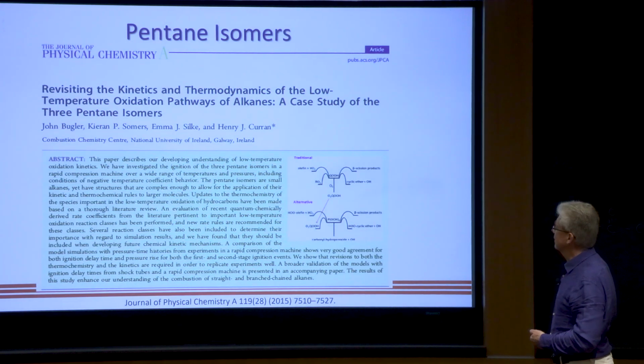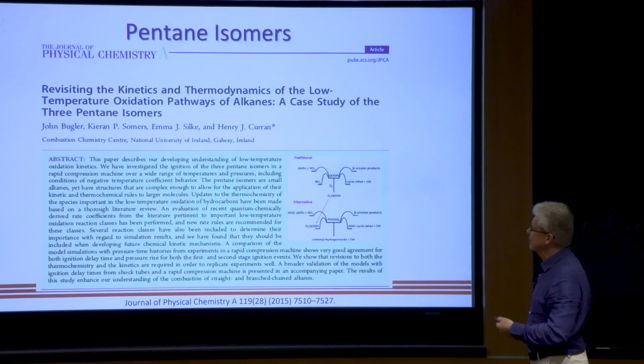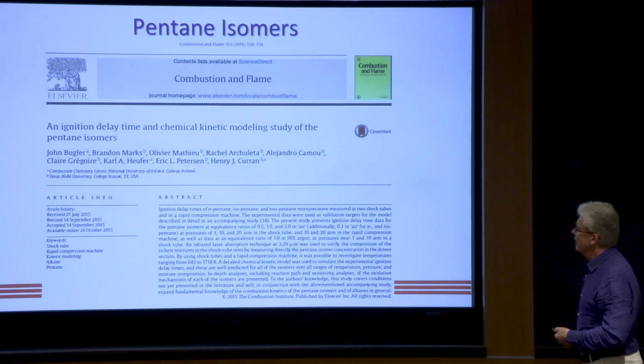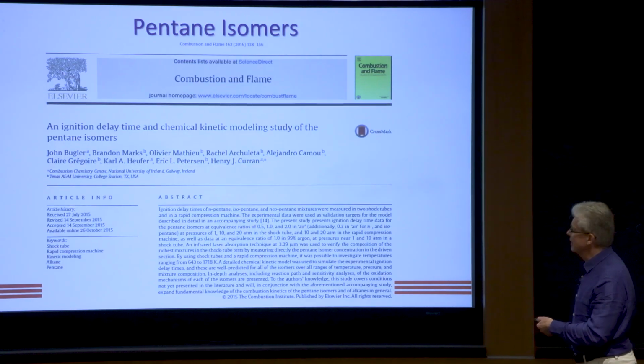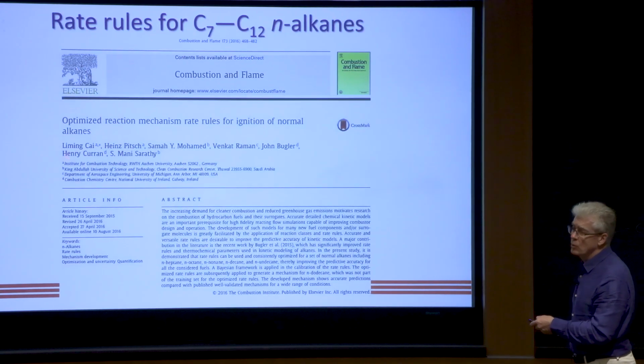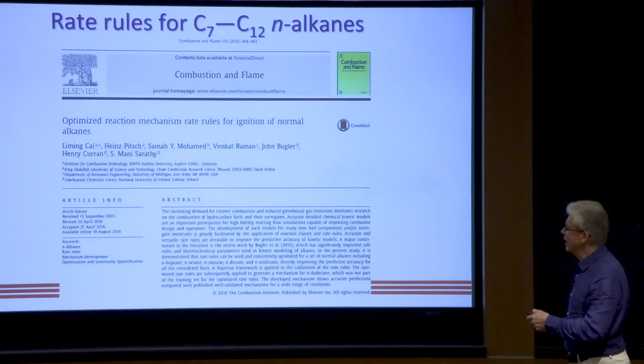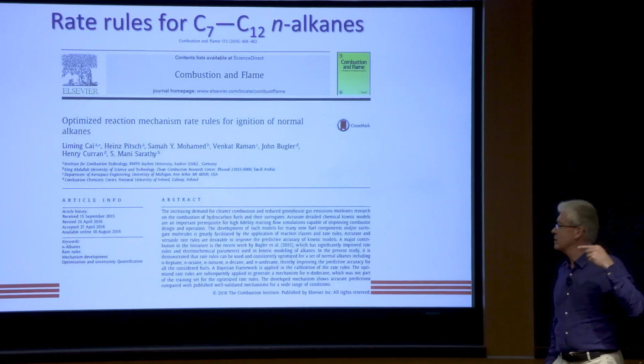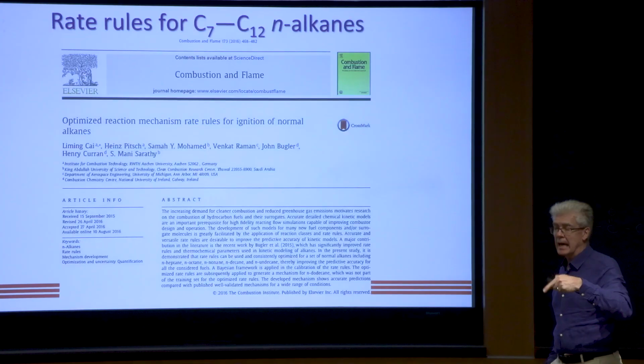Okay, and then we applied that, as I said, to all the 3 pentane isomers. We published 2 papers on that, and then these rules were used by Lim Chai and Heinz Pitsch to simulate C7, C8 to C11 species, and then develop a mechanism for dodecane that worked.